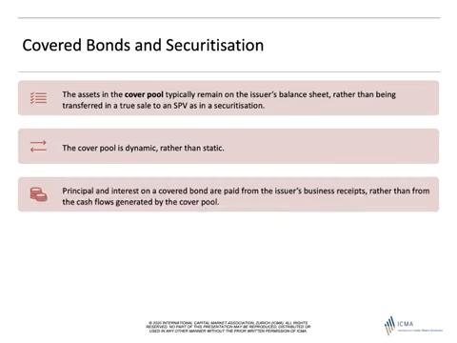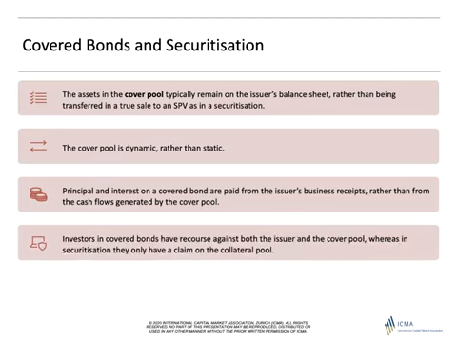Thirdly, the principal and interest on a covered bond are paid from the issuer's general business receipts, rather than from the cash flows generated specifically by the cover pool. And fourthly, and most critically, investors in covered bonds have recourse against both the issuer and the cover pool, whereas in securitization, they only have a claim on the collateral pool.